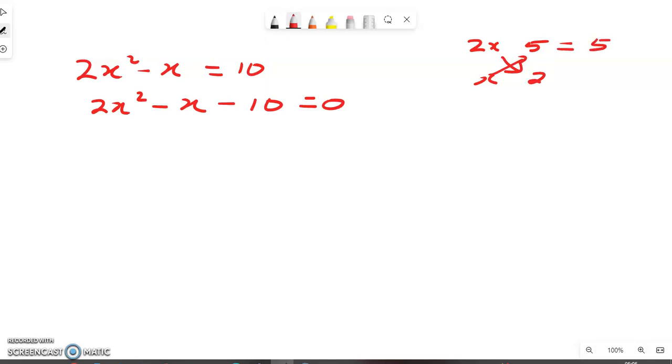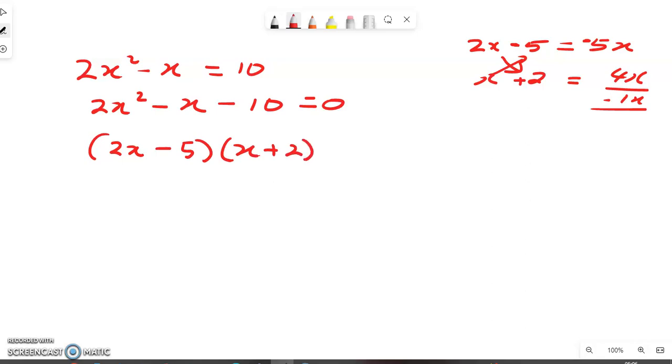This will be 5x, and here we have 4x. For the negative x to come out, 5 must be negative and 4 positive. So here we have negative, here positive, to get negative 1x. So our factors are 2x minus 5 into x plus 2 is equals to 0. Sorry, our factors, not the solutions.